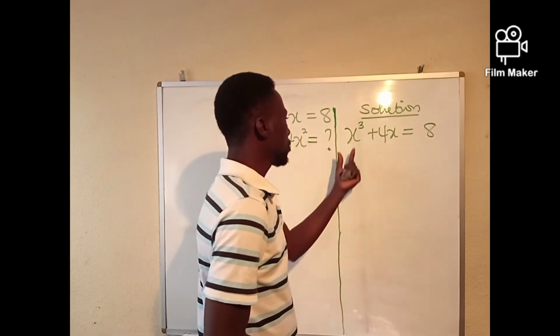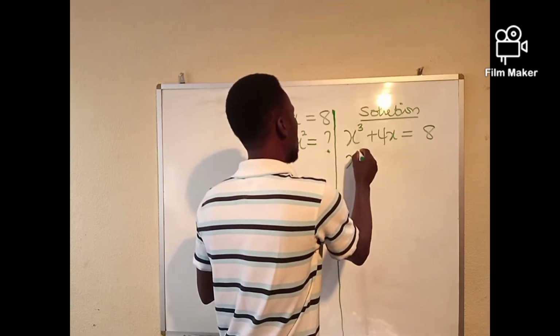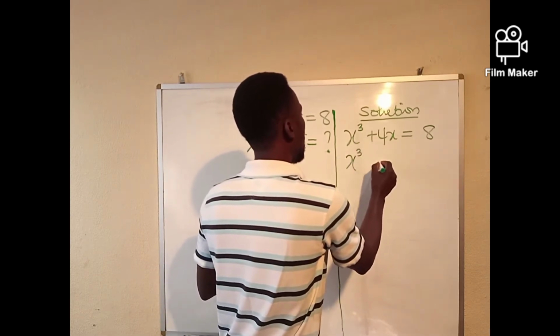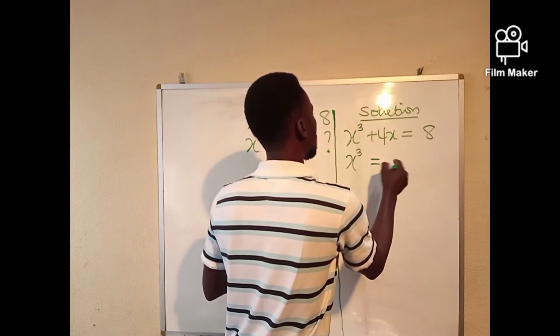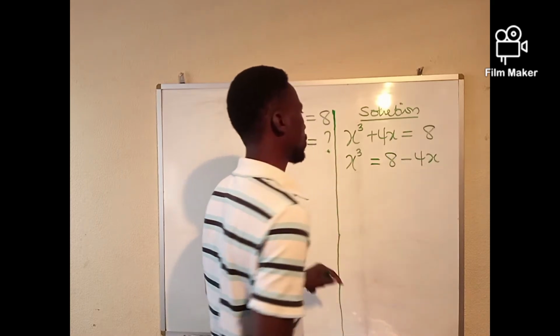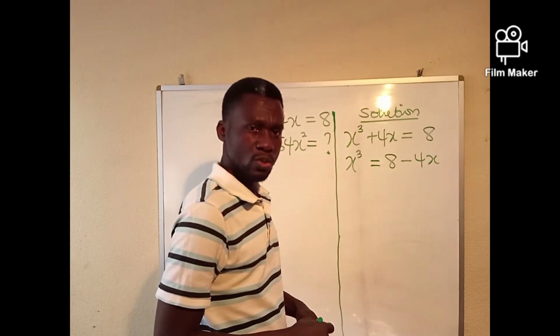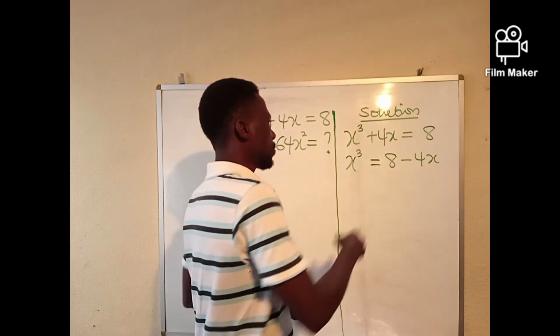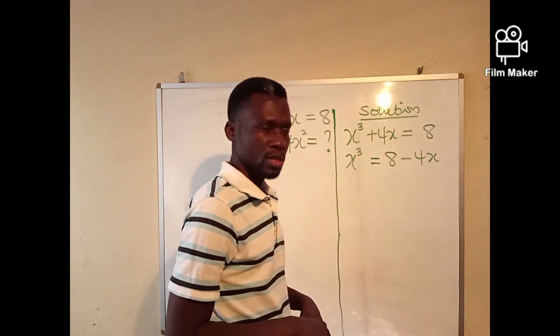Now, what we're going to do is let's rewrite this equation by isolating our x cubed. So we shall have x cubed is equal to 8 minus 4x. This is what we have. Now, having this equation, let's square both sides, so we have this binomial by subtracting 4x from both sides.